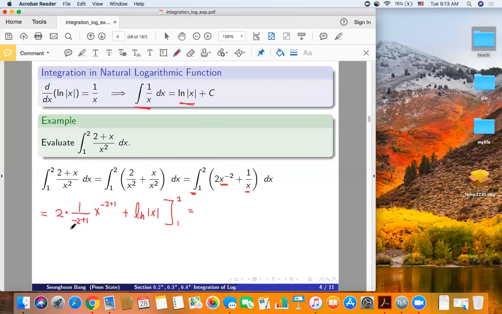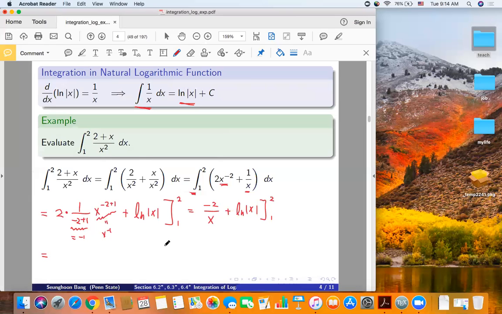So what's that? This one is negative 1. The negative 1 times 2 is negative 2. The x to the minus 2 plus 1 is exactly x to the minus 1, and x to the minus 1 is 1 over x. So we have this one plus ln of absolute value of x from 1 to 2. So we can calculate.